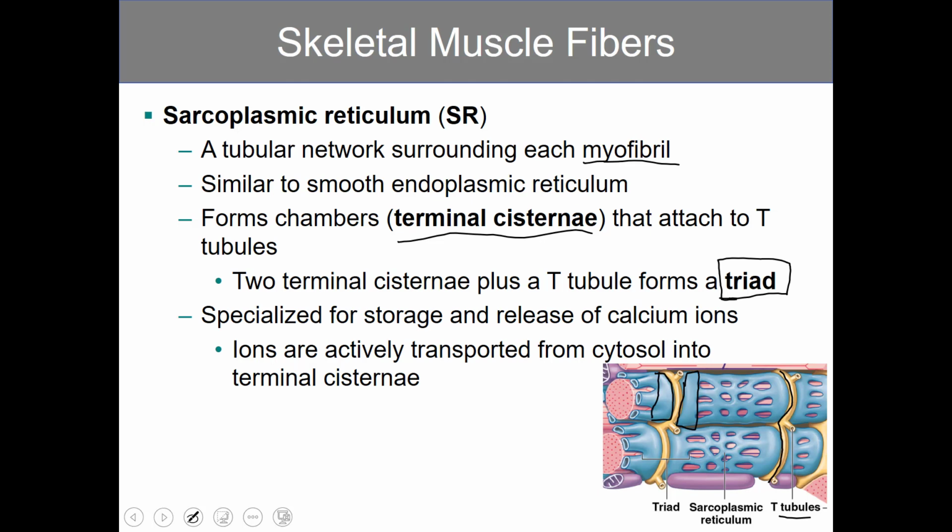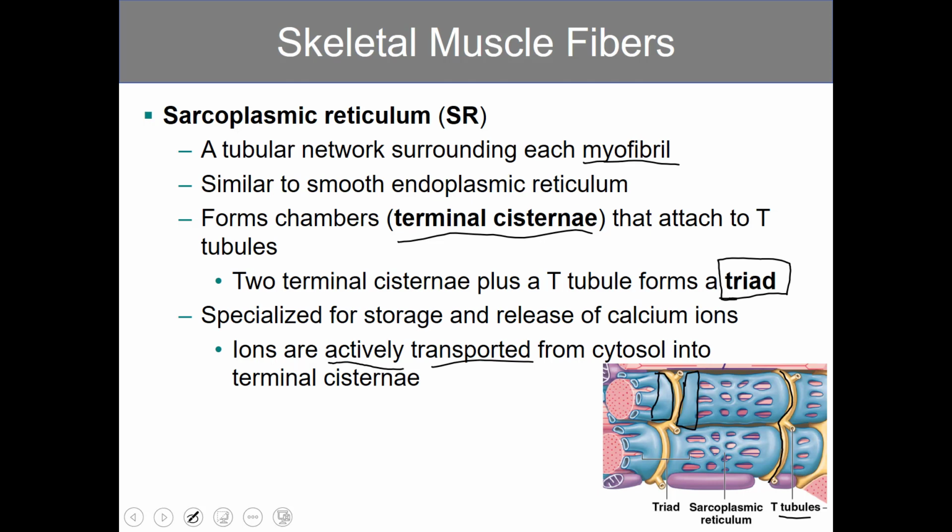We had noted previously that one of the functions of calcium is to initiate muscle contraction, and this is where that calcium is stored prior to contraction. So these calcium ions are going to be actively transported or pumped from the cytosol into the sarcoplasmic reticulum, into these expanded pouches of the sarcoplasmic reticulum.